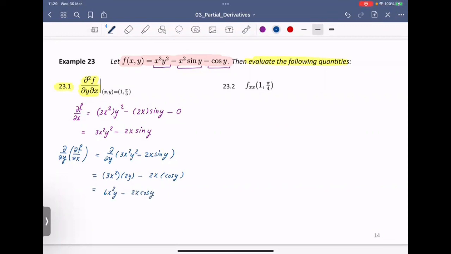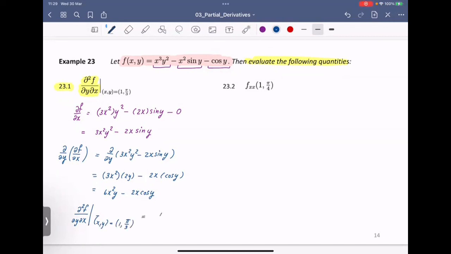After that, you evaluate. This notation, the partial squared f over partial y partial x, is the same notation; it's just the way you abbreviate it. This is evaluated at (x,y) equals (1, pi over 3).